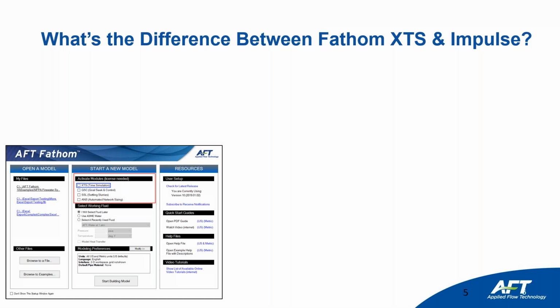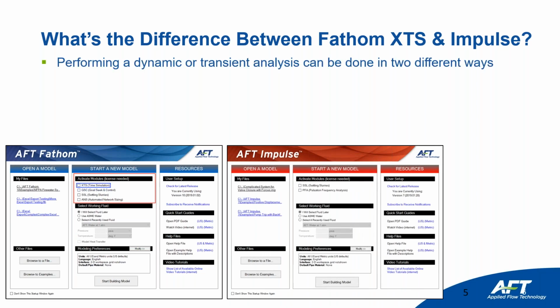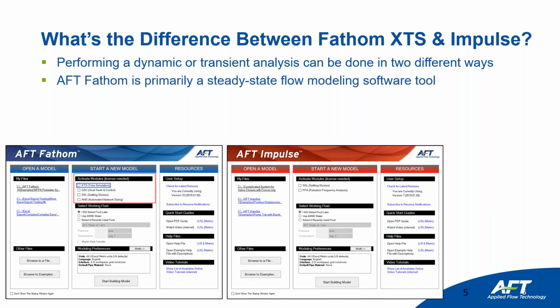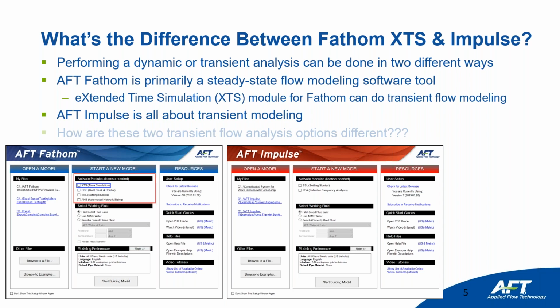I mention that because Fathom is primarily a steady state flow modeling tool, and Impulse is where you would do transient modeling. So you can do a dynamic or transient modeling analysis in two different ways. Fathom, again, is a steady-state flow modeling tool, and it has the XTS module that allows you to do transients. And then AFT Impulse is all about transient modeling.